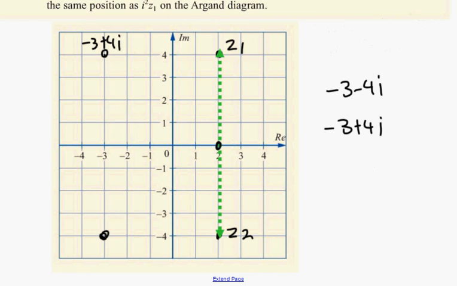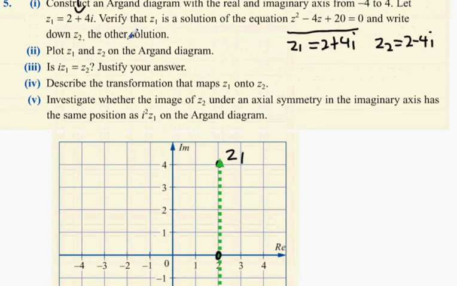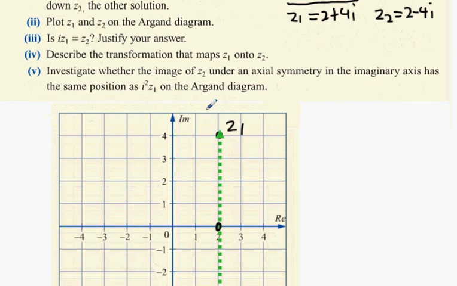Okay, now reread the question I had earlier. Back to Z1 and Z2, and back to my question. Plot Z1 done. Is iZ1 the same as Z2? Justify your answer. Well, I'll multiply i by Z1, which is 2 plus 4i.